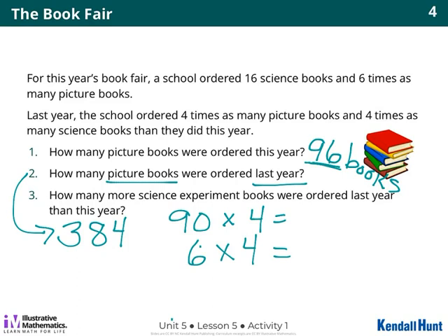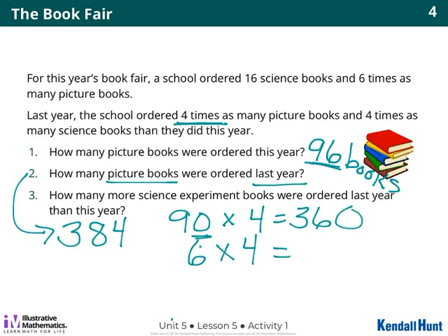Okay, so I'm guessing 96 because in question 1, we figured out 96 picture books, right? But then last year was 4 times as many. So 96 times 4. Okay, everybody, what is 4 times 9? 36. And then I add my 0, right?